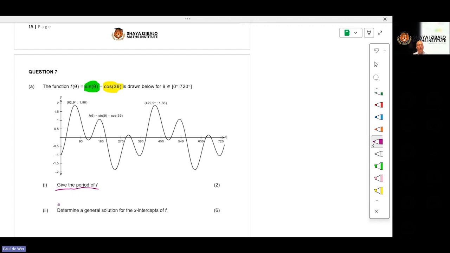Okay. And remember what period is? Period is how long does it take to do a wave? Who can tell me what's the period of this graph? And how can you tell me that? When does this graph repeat? From here, when does it start to repeat? When does it get back to the top here? Do you see this shape here?